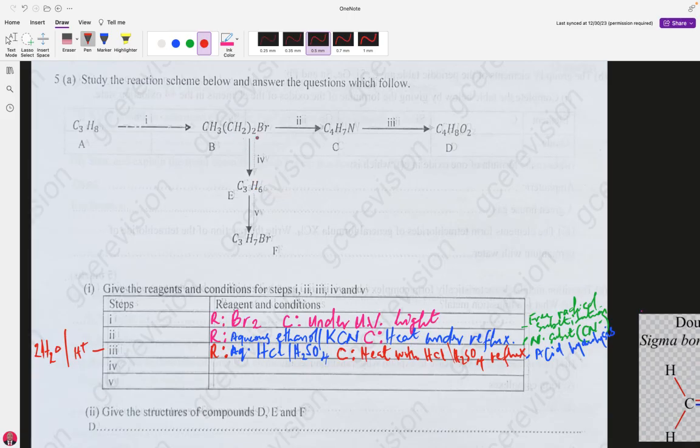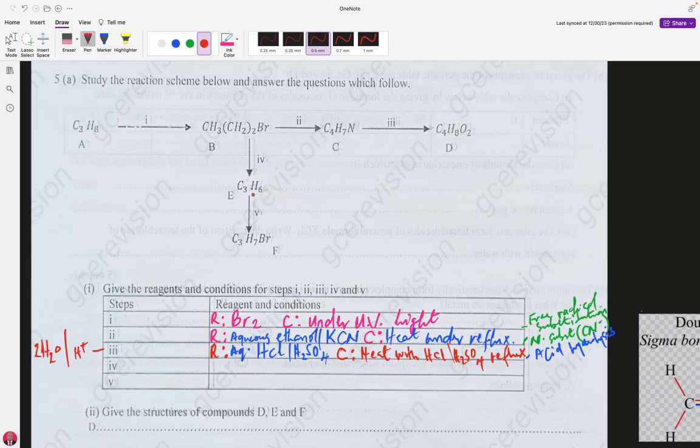Converting a bromopropane into an alkene molecule. So in this case, it's going to undergo a certain type of reaction. You are going to do it under alcoholic potassium hydroxide, and we are going to eliminate hydrogen bromide to give us an alkene, which is propene.